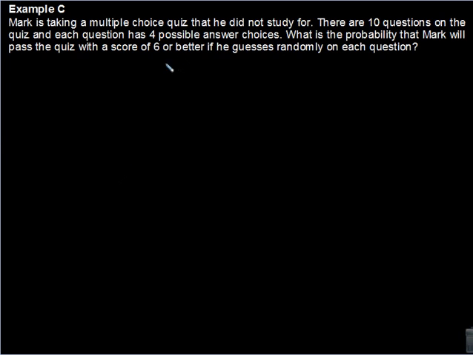Okay, next one, we're taking a multiple choice quiz. There are 10 questions, so we have 10 possible things. The probability of getting the correct answer is 1 out of 4 because there's 4 possible answer choices, A, B, C, D. So the probability of guessing correctly is 25%. Not good odds. We want to know what is the probability he'll pass the quiz.